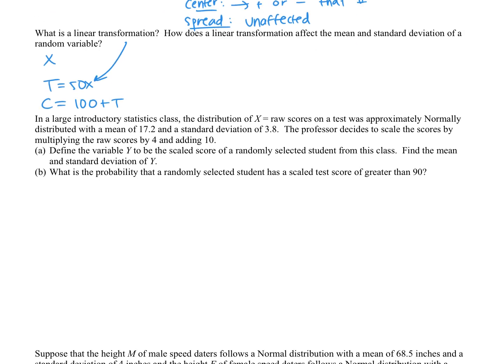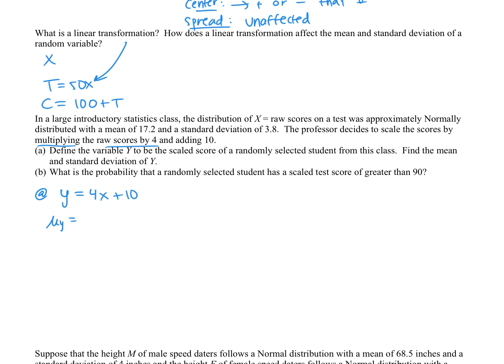Okay, first thing you have to do is write a formula. Please do not just throw numbers in without having a formula or a rule. So in our case, y, the scaled scores, it says multiply the raw scores by 4. So that is 4x, and then we add 10. If we want the mean of y, multiplying by 4 affects the average, adding 10 affects the average.